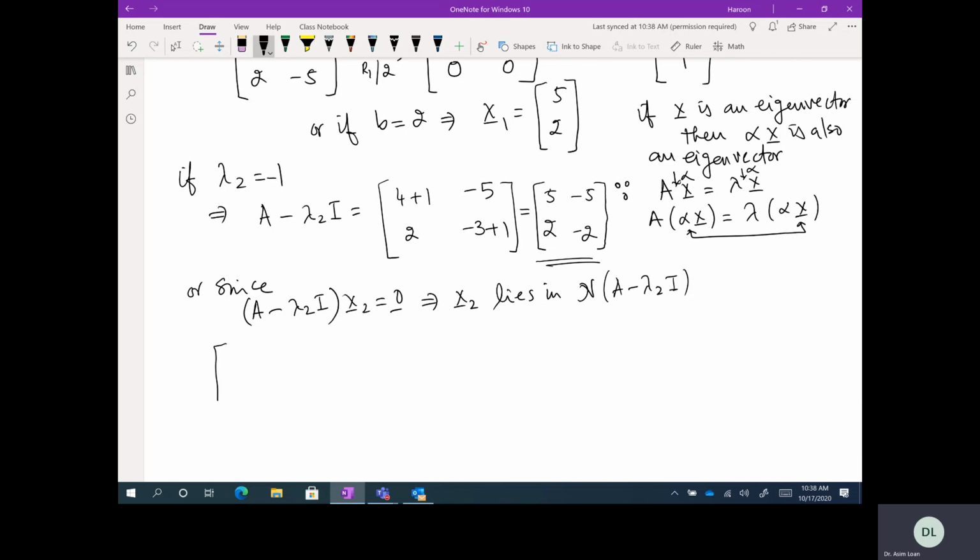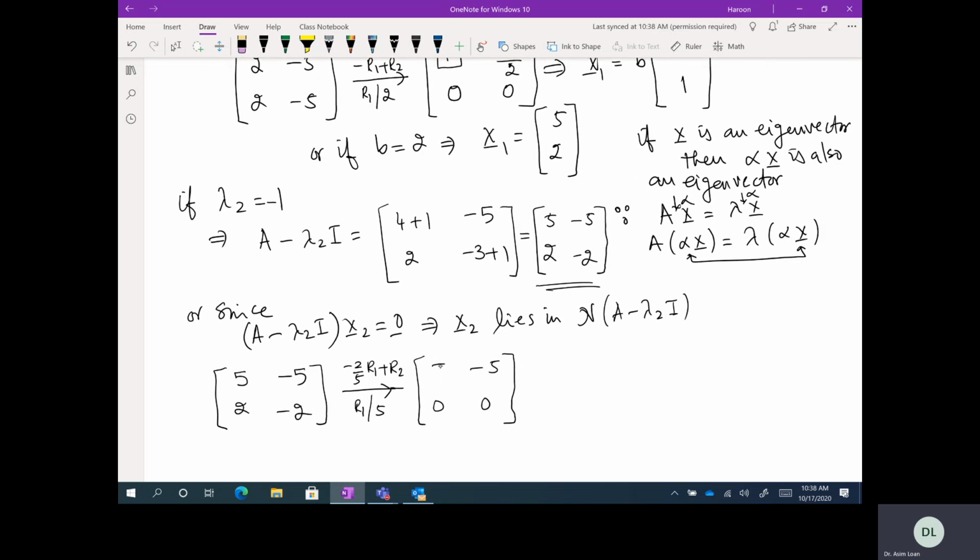Starting from 5, minus 5, 2, minus 2, if I do minus 2 by 5 row 1 plus row 2, I'll get 0, 0. Then I do R1 by 5, and I get 1 here and minus 1 here.